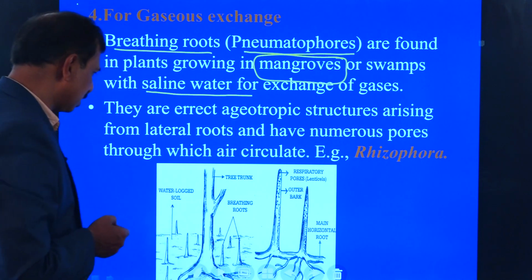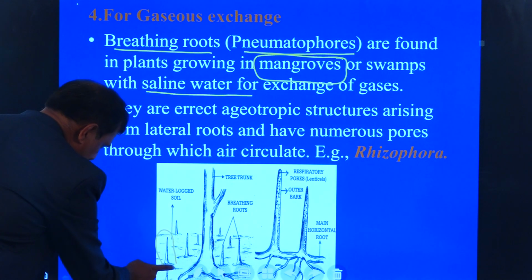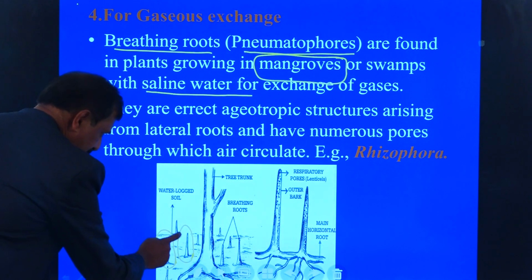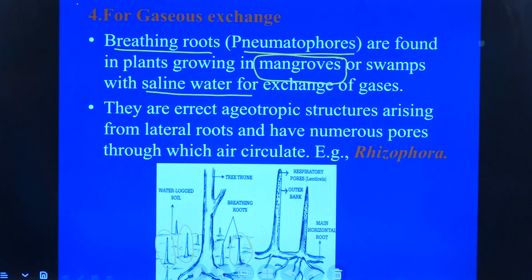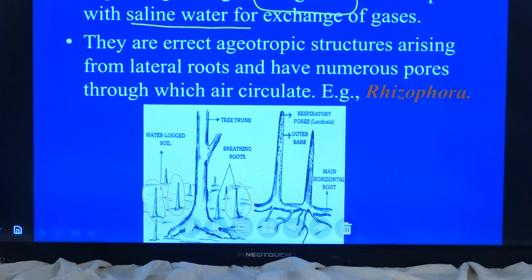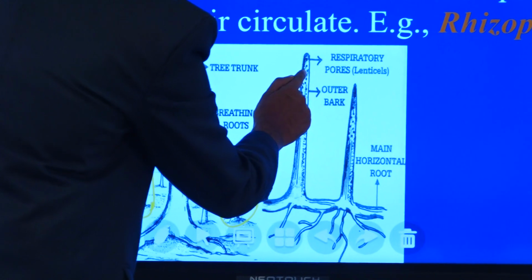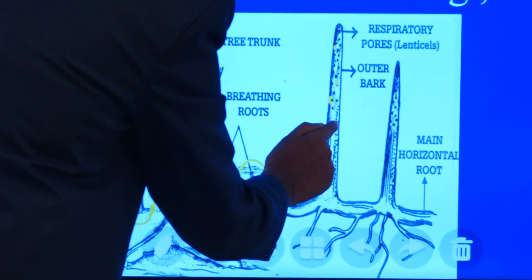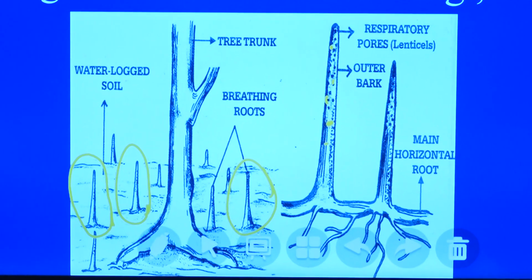See in this picture, these are the roots which are developed above the soil surface. These roots are called breathing roots or pneumatophores. These breathing roots show the presence of small pores on their surface. These small pores are called respiratory pores or lenticels.